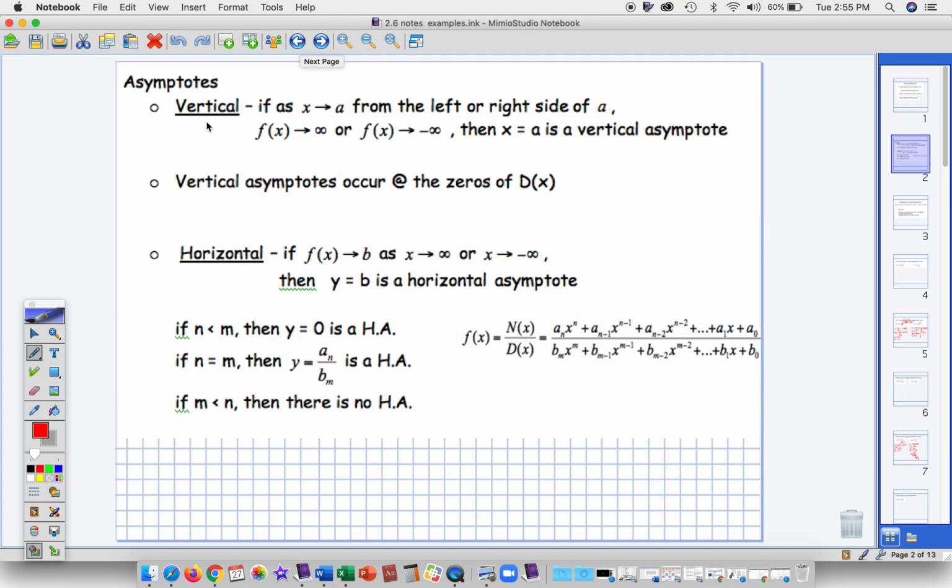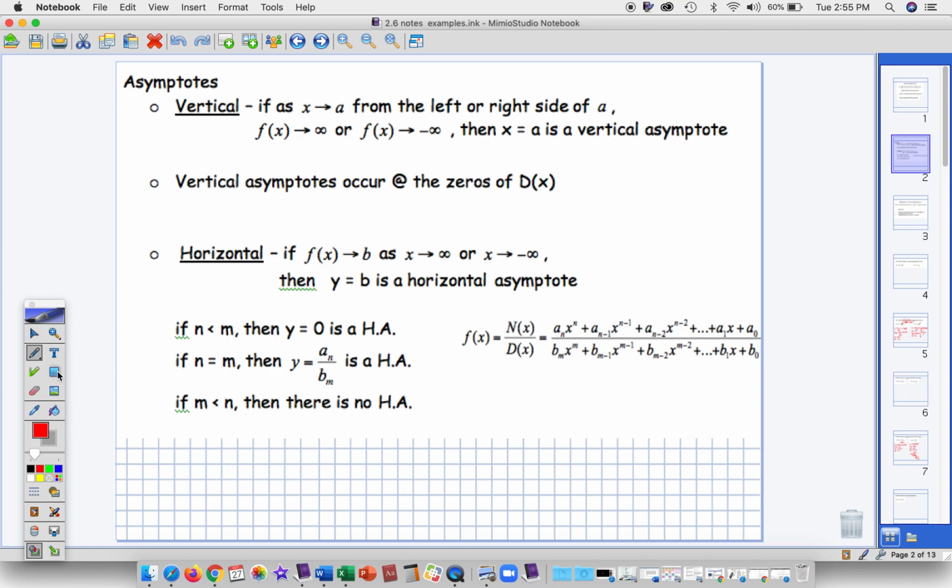A vertical asymptote: if as x approaches a, from the left or right side of a, f of x approaches infinity or negative infinity, then x equal to a is a vertical asymptote.